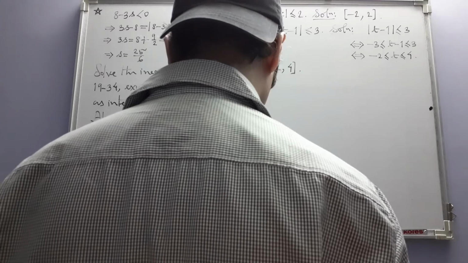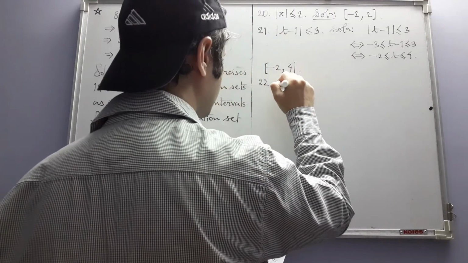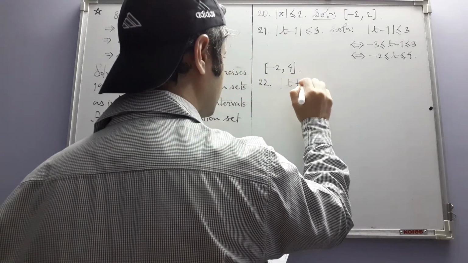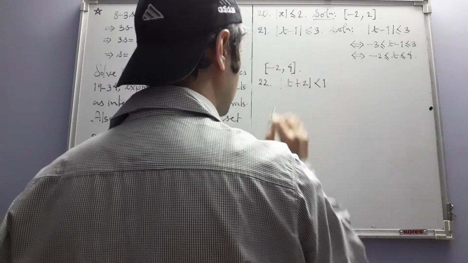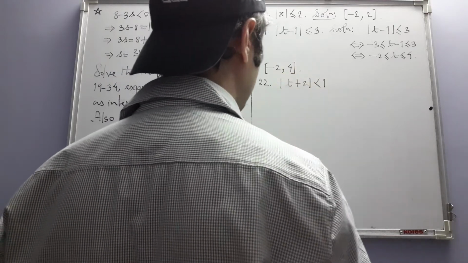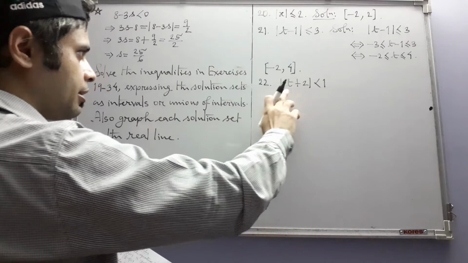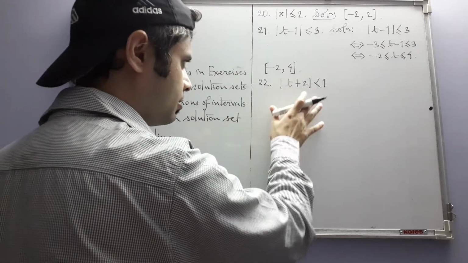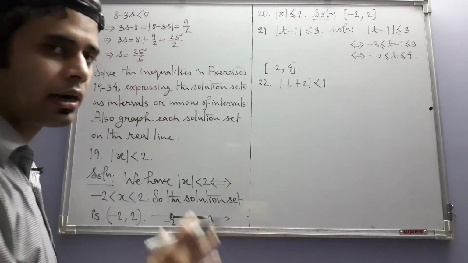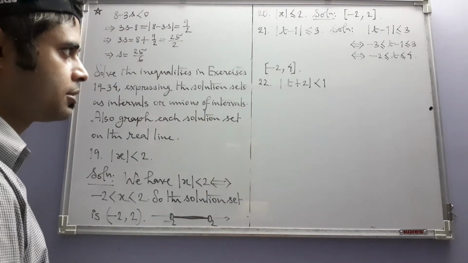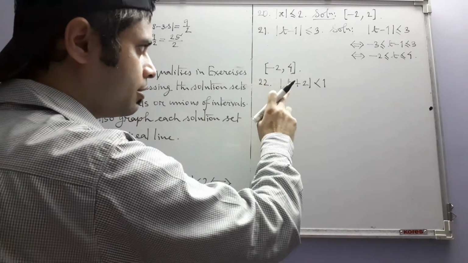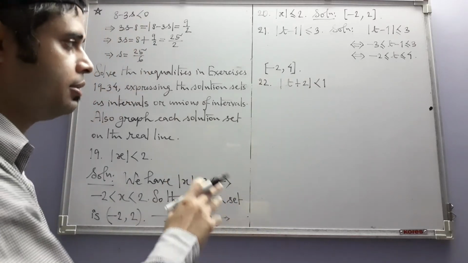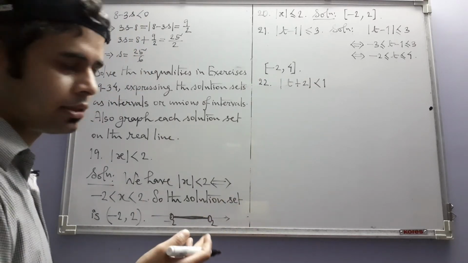22. This is less than 1. As long as we are getting less than inequalities, we can apply the similar argument to obtain the solution set. The moment we get greater than inequality, there we have to apply some other method.